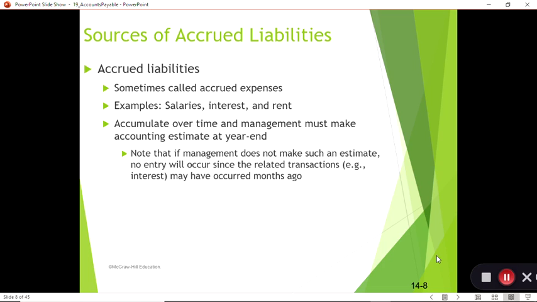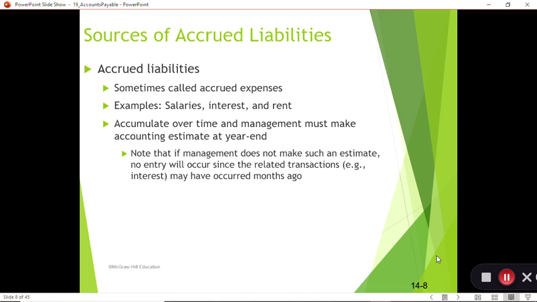So other accrued liabilities, right? Accounts payable is technically still accrued as well. But other accrued liabilities would include salaries, interest expense, rent. These obviously require estimates, because their cash flow date is different from their recognition date, right?